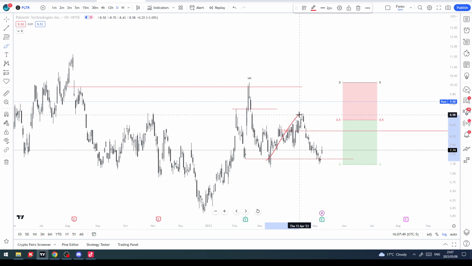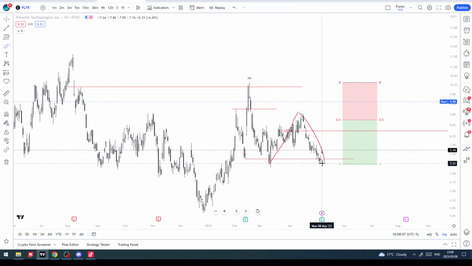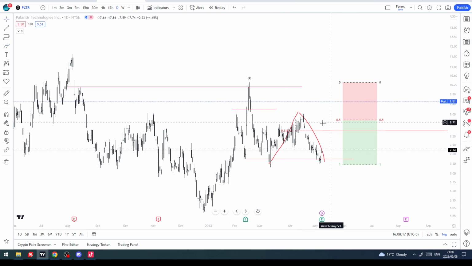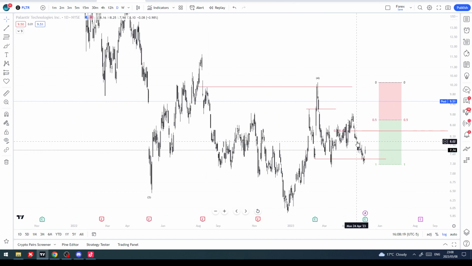A, B, we're not going to take this low, C. Then we can say that this is accumulation, a failure swing, failure to break below here. Now we're going for an OLR here. So as long as where the 4 is, as long as that high doesn't break, we're okay for downside. We're still bearish, right? Yeah. Okay. That's how I was looking at it too. Yep, makes sense. We're still okay.